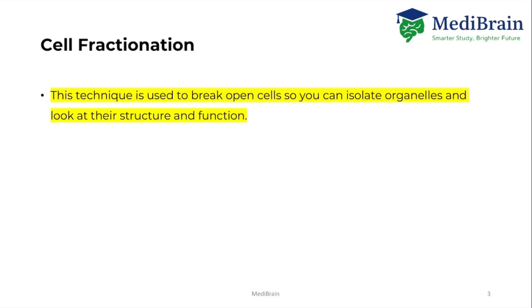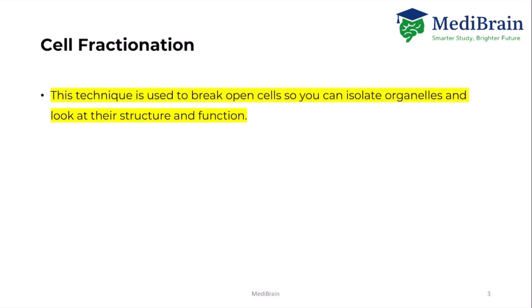Multicellular organisms have many cells. We've looked at plant cells and human cells. Now if we wanted to look at each organelle in detail, how do we isolate the organelle and look at it more closely? Well, that happens through cell fractionation.